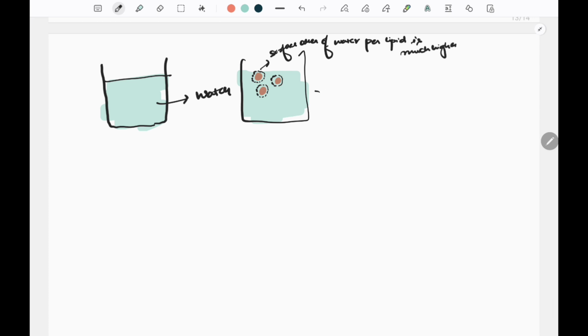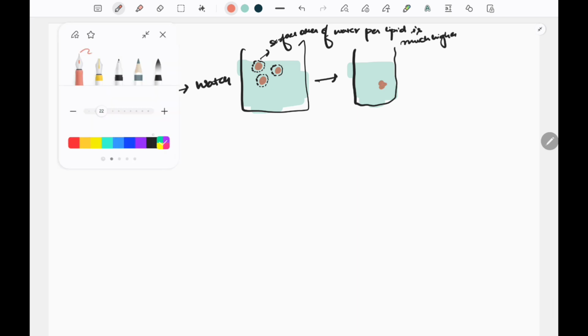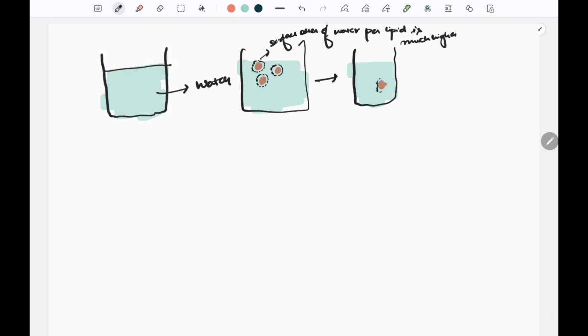Okay, so now just suppose all of these are merged together. Now the overall water molecules that will be needed for constricting these lipids will be much lower.